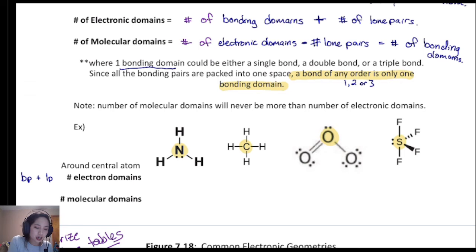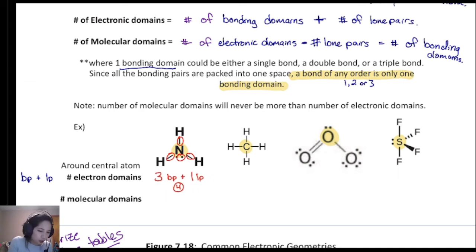So in nitrogen here, I see 1, 2, 3, 4 electron domains. So I can just write this. I see 3 bonding domains or bond pairs plus 1 lone pair. So this equals 4. There's 4 electron domains here.